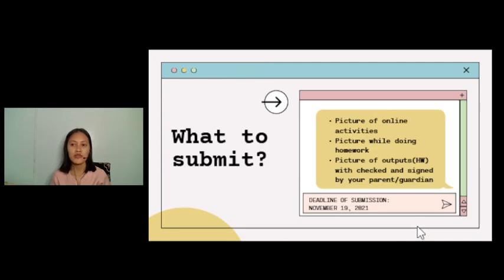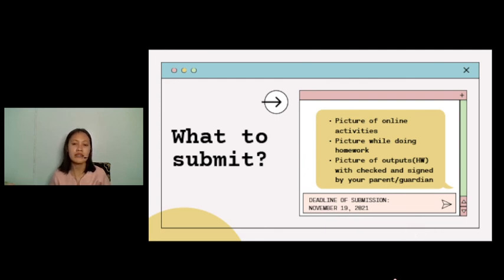So, what to submit? So, picture of your online activities, if naka-attend po tayo ng online activities. If not, kung ano po yung mga outputs na included sa video discussion na to, i-comment nyo rin or isa-submit nyo din. So, picture of you while doing homework.